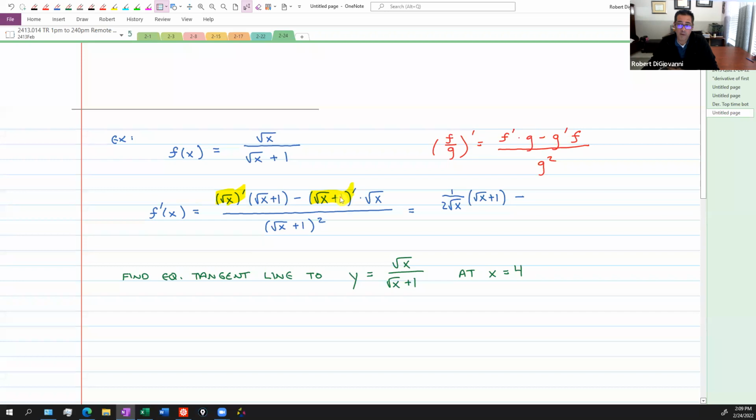I know that the derivative of 1 is 0, so it won't factor in. But the derivative of the square root of x is again 1 over 2 root x. But then I still have to multiply that times the square root of x. And I still have to divide all of that by square root of x plus 1 squared.